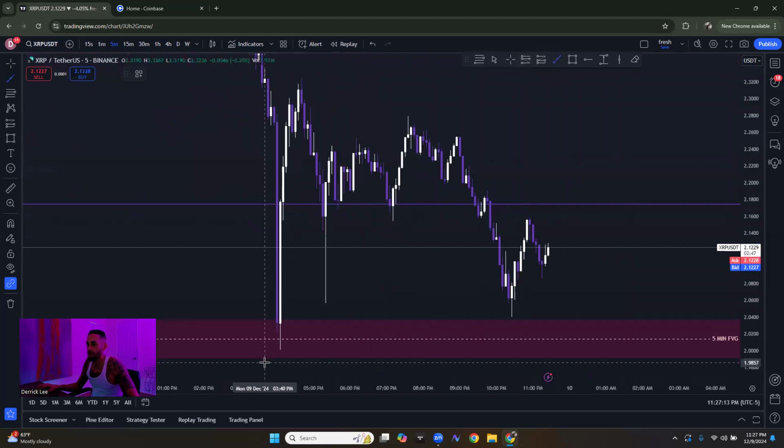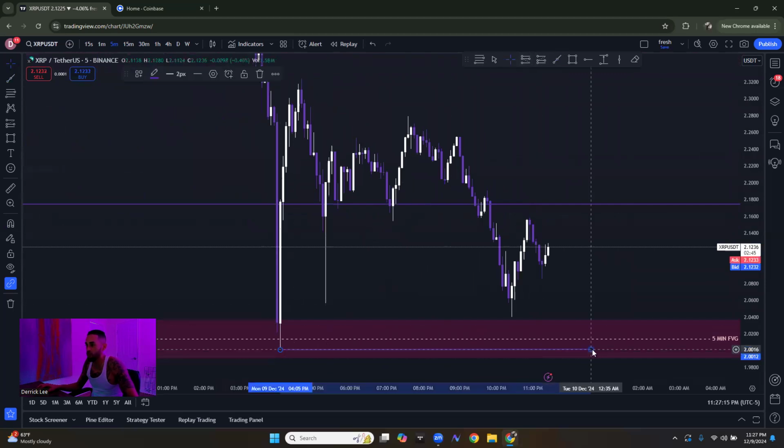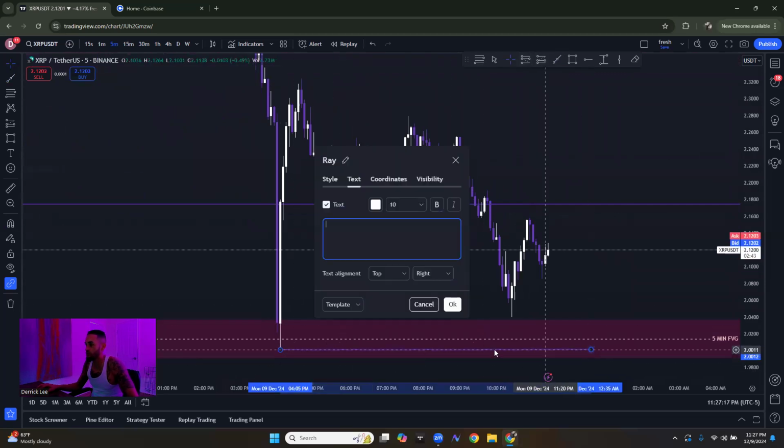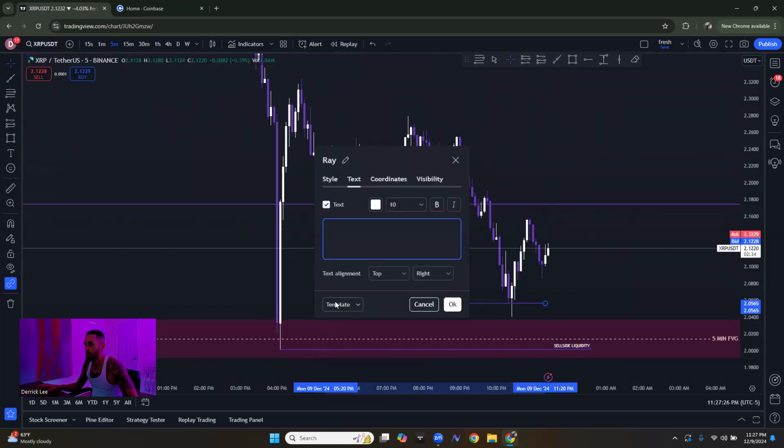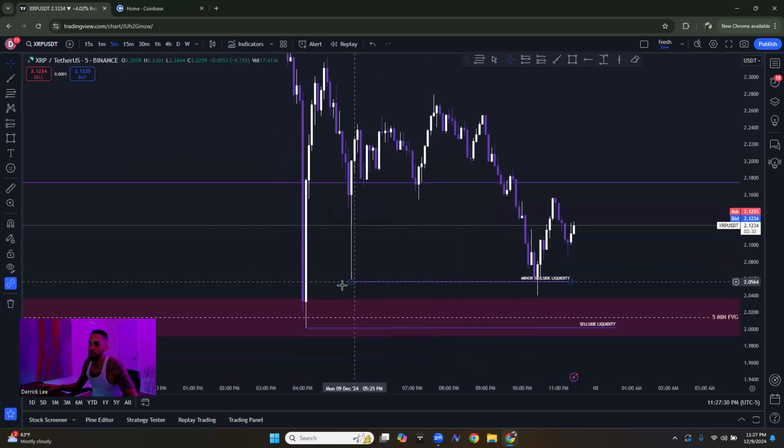This is minor. So now we have this sell side liquidity. And this low would be minor sell side liquidity. So I don't want to see this low breached.